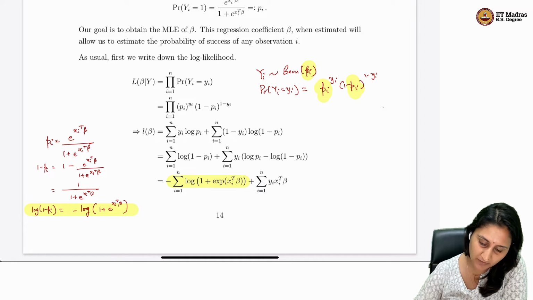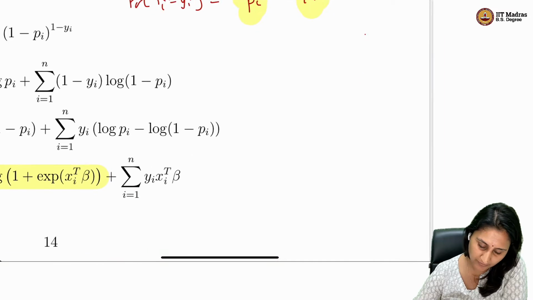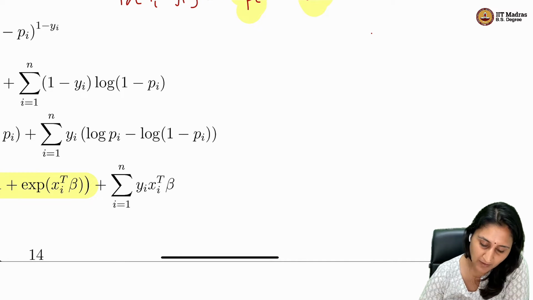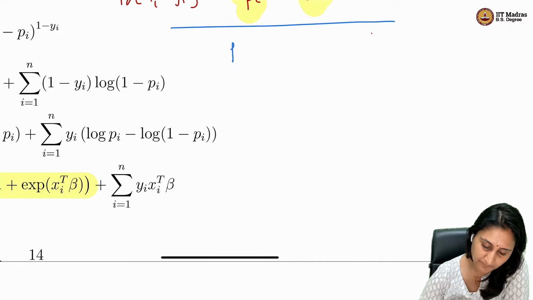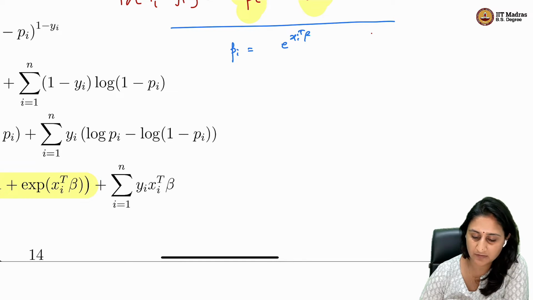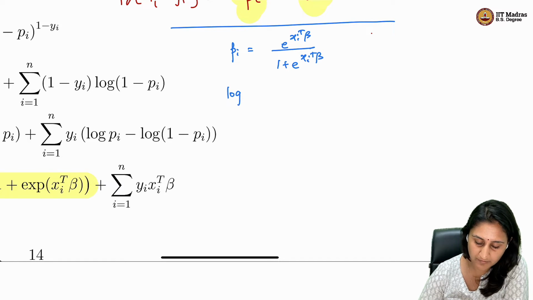Now let's pivot to the other expression over here. Now, pi, like I said, is e to the power xi transpose beta divided by 1 plus e to the power xi transpose beta. So what is log of pi?